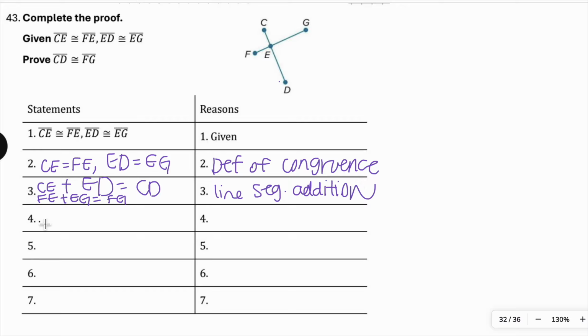Okay, and then now that I know those things, what I then can say is, because FE plus EG is equal to FG, and I know FG is equal to CE, then I can maybe substitute FE plus EG is equal to CD, and that would be substitution.